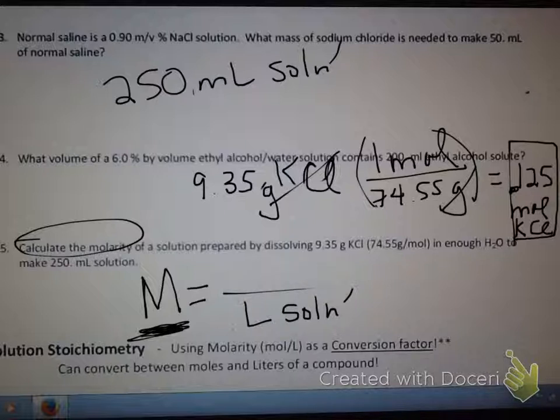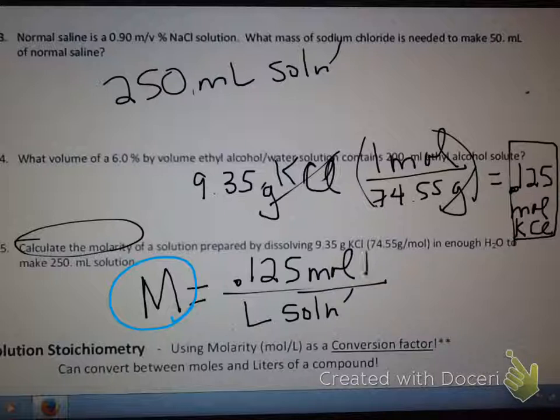So I can put that in here now. Molarity, which is what I need to calculate, that's my unknown, is 0.125 moles of potassium chloride divided by the liters of the solution. Okay. Now, by the way, there's another way I can get moles real quick. Mass divided by molar mass equals moles.